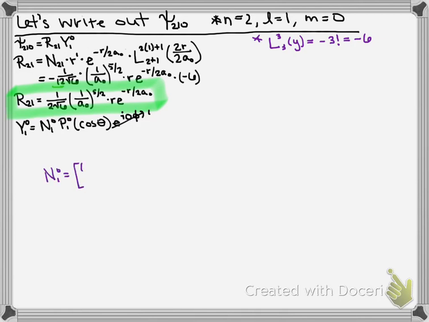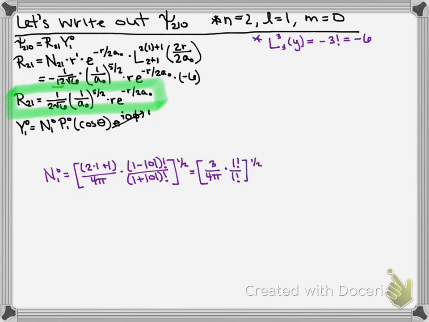So what is the normalization constant for 1,0? We can write this out. We're going to get 2 plus 1 over 4 pi times 1 factorial over 1 factorial, all square rooted. So 3 over 4 pi. 1 factorial over 1 factorial is just 1, or square root of 3 over 4 pi. Not so bad.